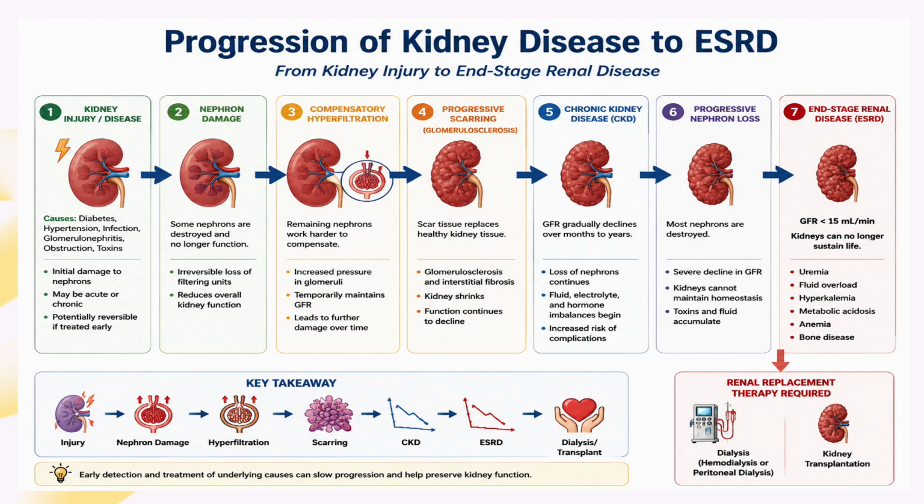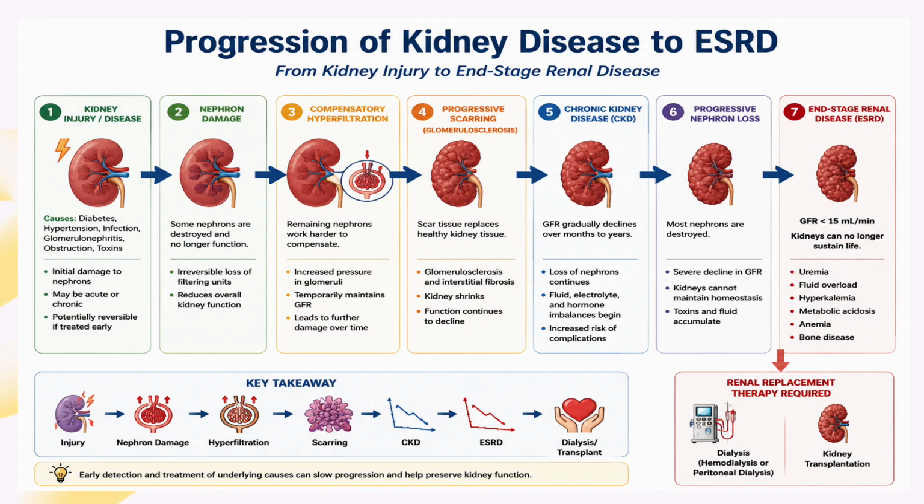Now, as CKD, chronic kidney disease, progresses, nephron loss continues until the kidneys can no longer maintain homeostasis. When approximately 90% or more of the nephrons have been destroyed and the GFR falls below 15 milliliters per minute, that's the filtration rate, the patient has reached end-stage renal disease.